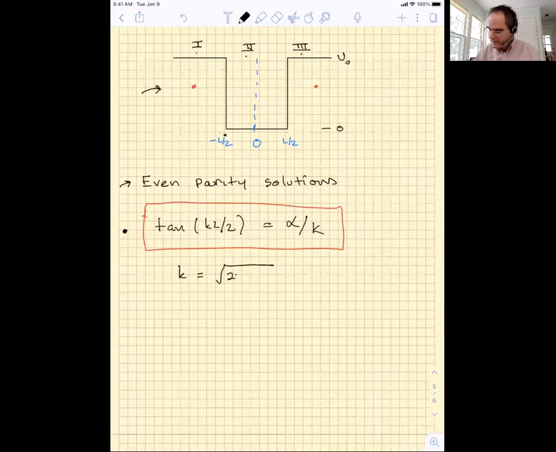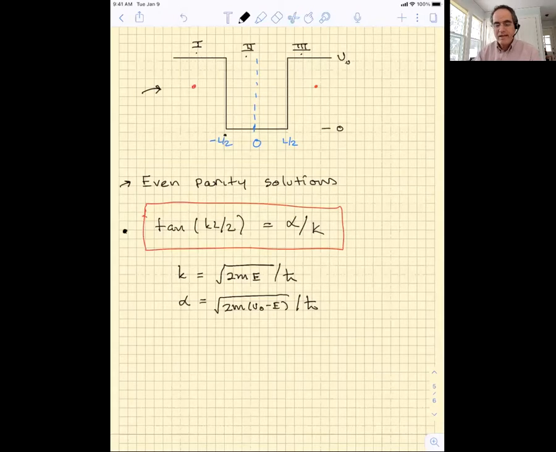It's the square root of 2mE over h bar, so it's just determined by the energy of the state. And alpha is determined by this equation, the square root of 2m(U0 minus E) divided by h bar. We recognize that both of these terms, K and alpha, are uniquely determined by the energy.